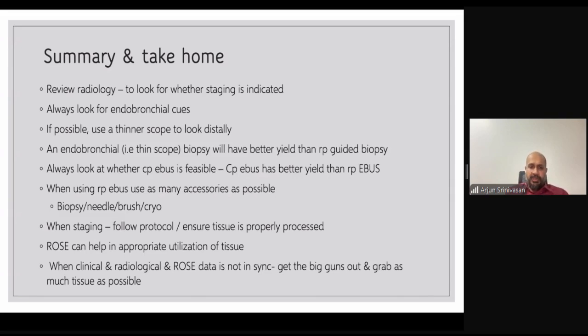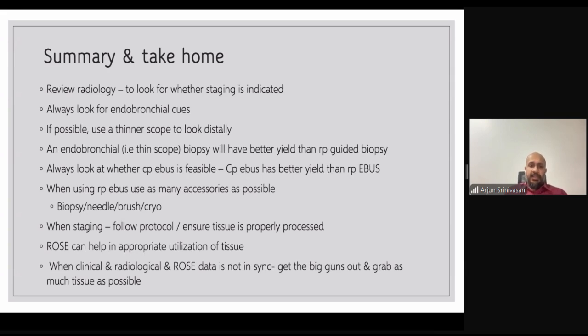And in modern times, you can have a lot more tissue being preserved for next generation sequencing, or if you want to look for PDL1, or whether the patient is a candidate for immunotherapy.